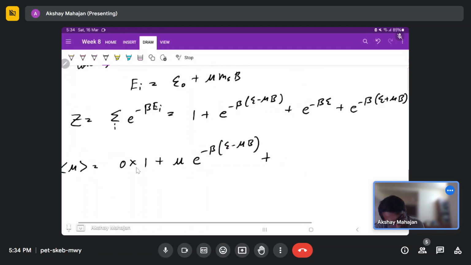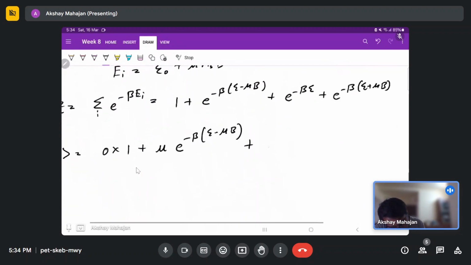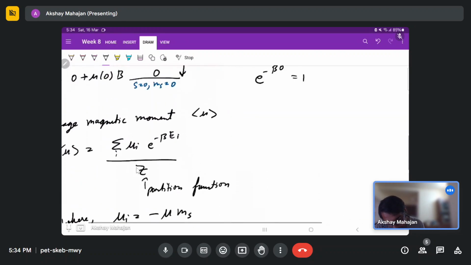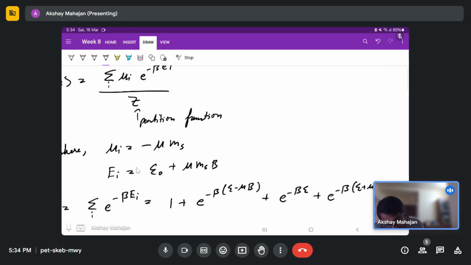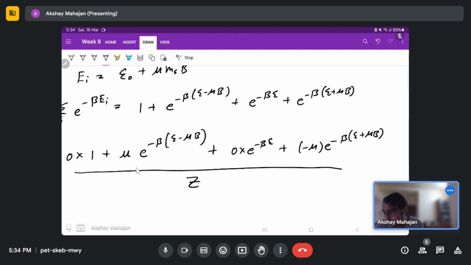Then we have m_s equal to 0, so that will be 0 times e to the power minus beta epsilon, and then we have m_s equal to 1, so the magnetic moment will be minus mu times e to the power minus beta (epsilon plus mu B), divided by whatever our partition function is.